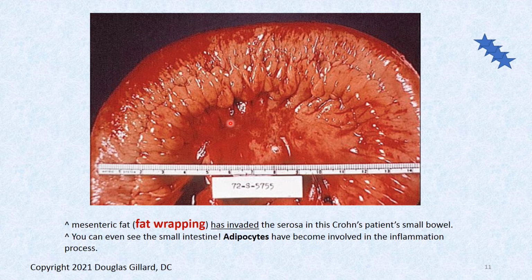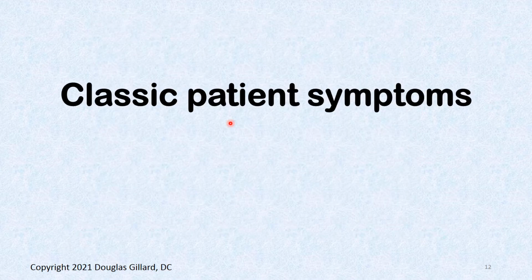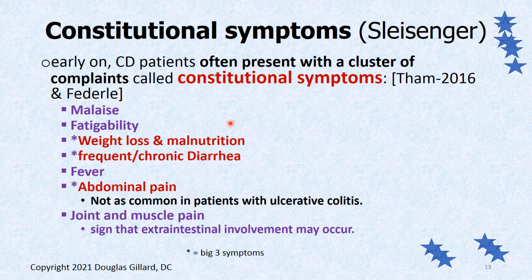This section was removed in a patient with Crohn's disease, and the intestine is filled with fat wrapping, a chronic late complication of Crohn's disease. What are the patient's symptoms? What kind of symptoms do patients with Crohn's disease have? Well, we already said the big ones are diarrhea and abdominal pain.